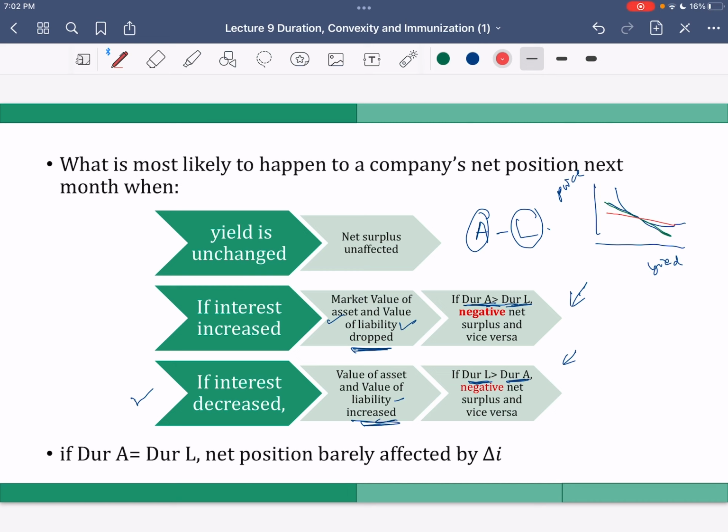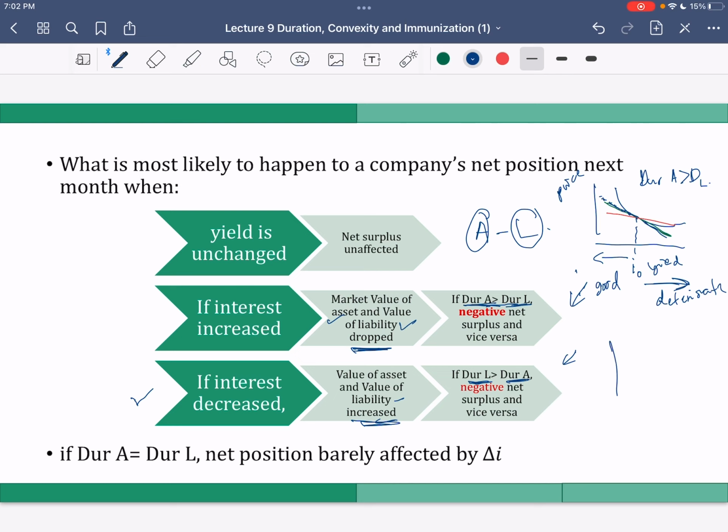So now duration of asset is bigger than duration of liability. What it means is, if I drop lower than I naught, our value of asset is more than liability, so our net position will improve. And here asset is lower than liability, our net position will deteriorate.